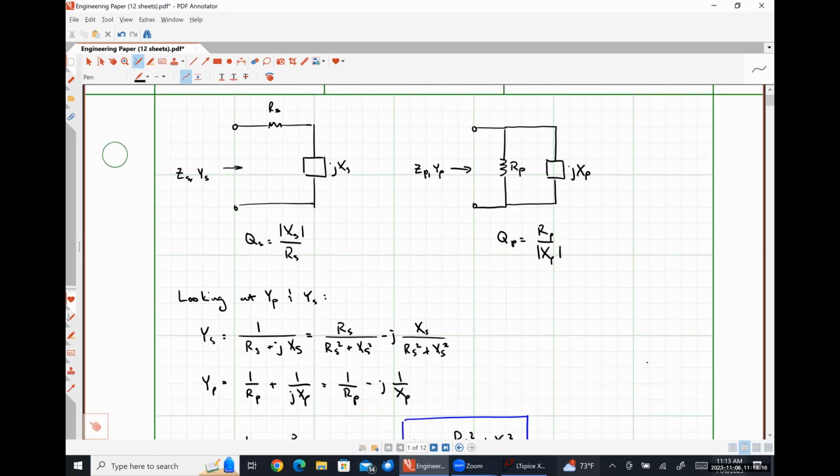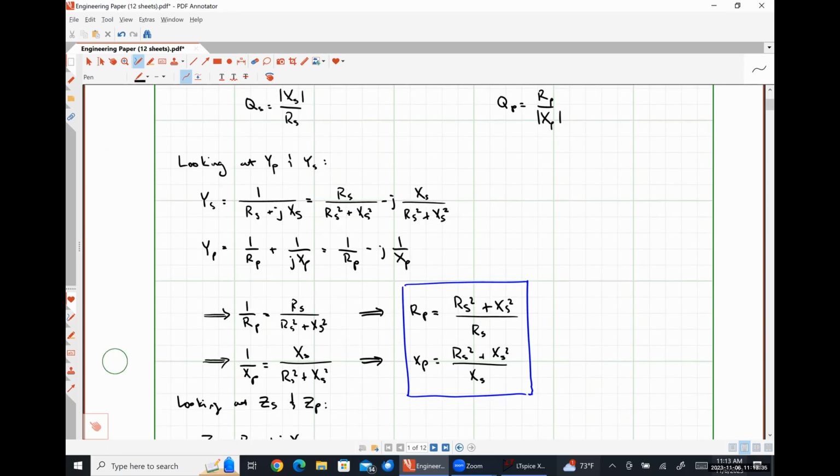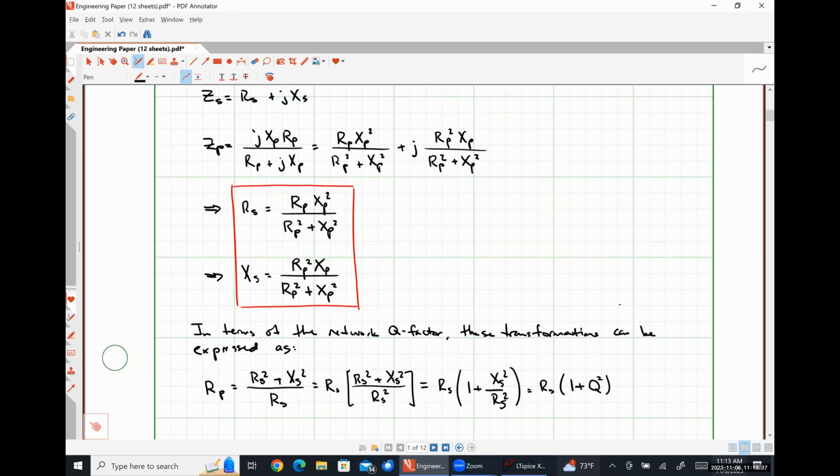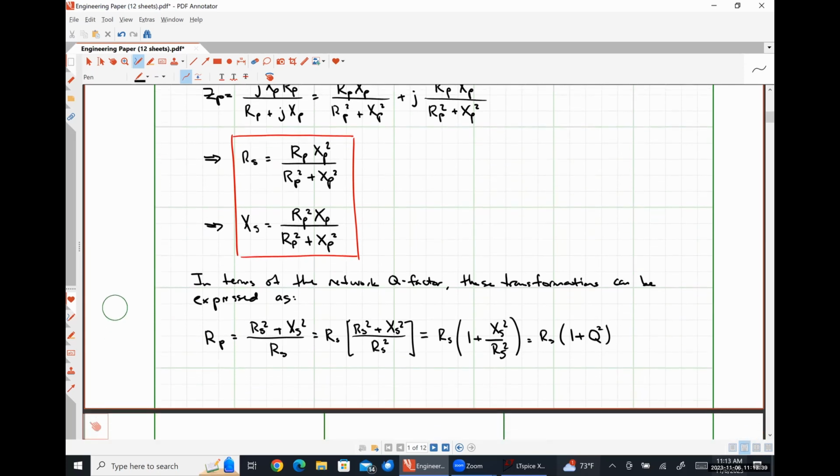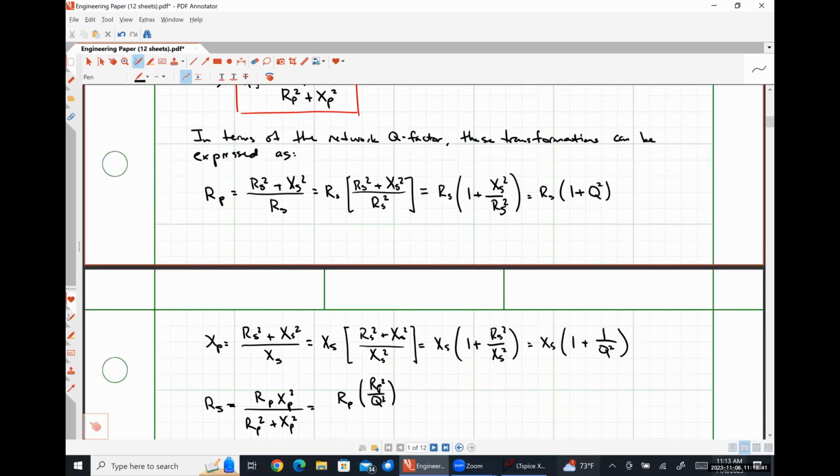So we have our parallel connection, right? So I'm replacing Xp squared by transposing where I have Xp and Qp, right? So Xp squared should be Rp over Qp. Go here, that's exactly what I've got here.